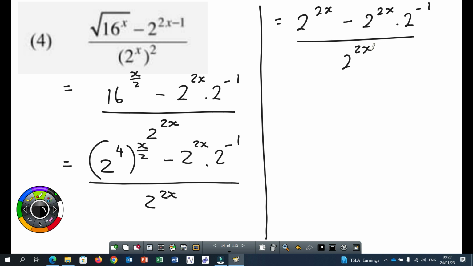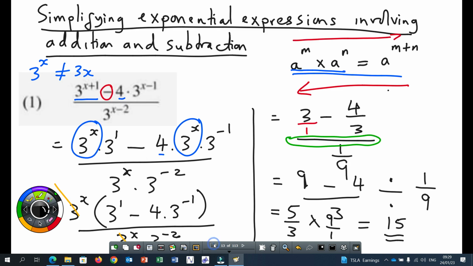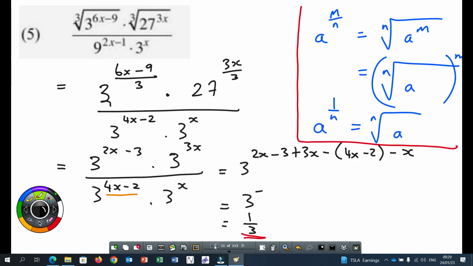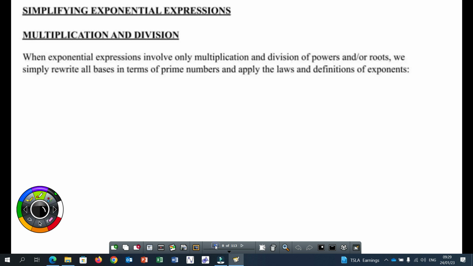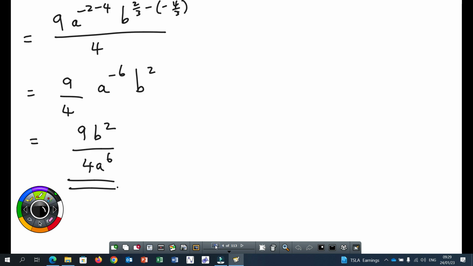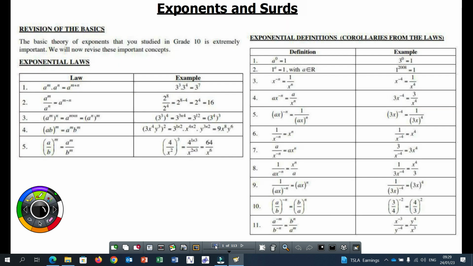I hope if you go back to the laws, this is very important. Let's go back to the laws. Remember last week I told you to go over your exponential laws.